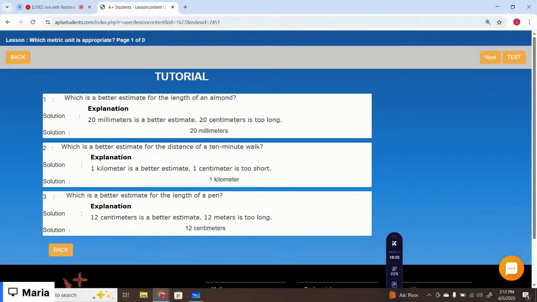Which is a better estimate for the length of an onion? 20 millimeters is a better estimate because 20 centimeters is too long.